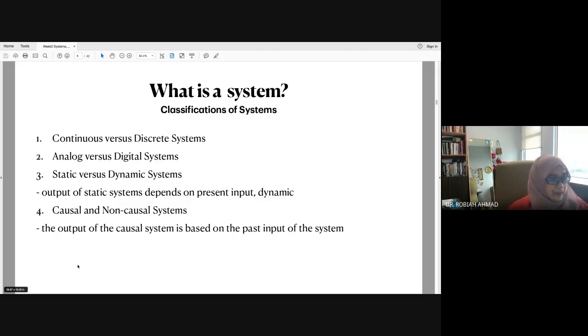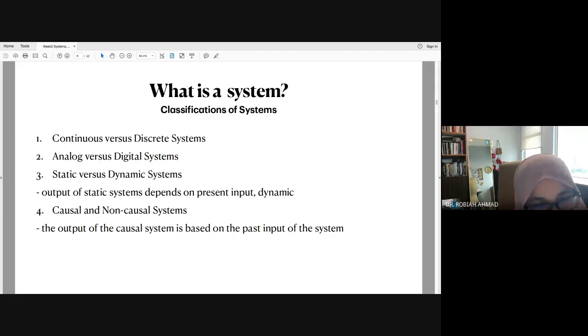So, in order for us to understand more about a system, there are some classifications of systems based on the behavior or the characteristics of the system. For today's class, we will look into this classification of systems and some examples. There are 4 classifications of a system.